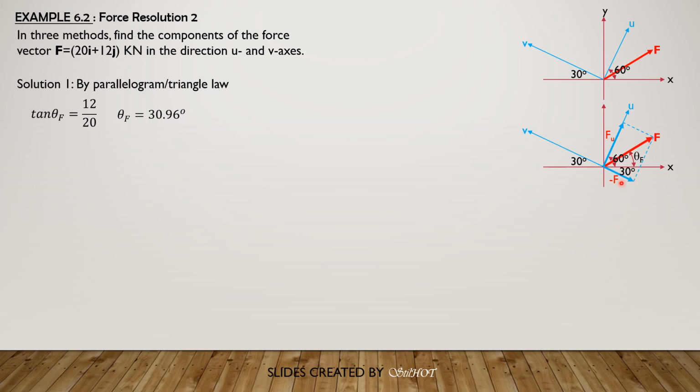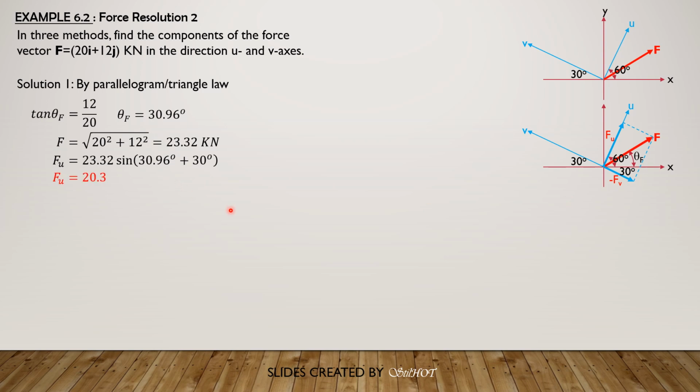Since this is a right triangle, the magnitude of F is square root of 20 squared plus 12 squared. So F is equal to 23.32 kilonewtons. Therefore, negative Fv is 23.32 cosine of 30.96 plus 30, while Fu is opposite, so 23.32 sine of 30.96 plus 30.